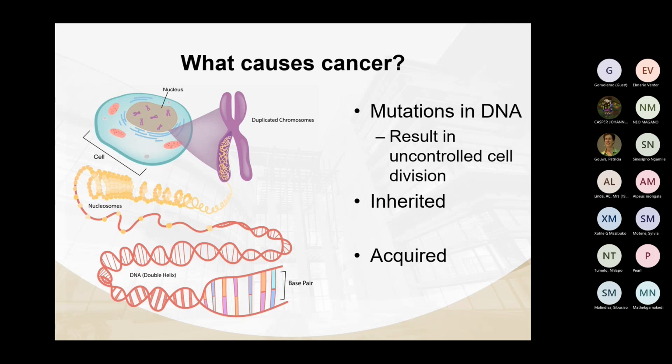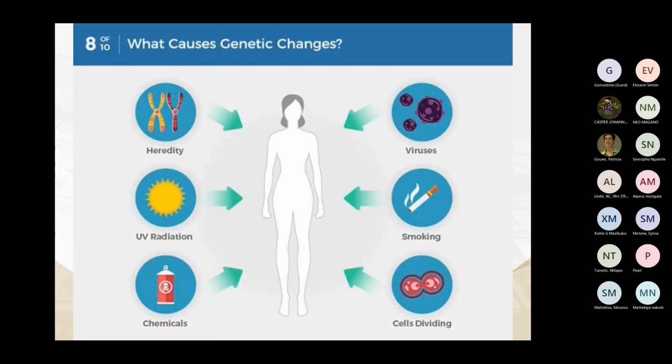So how can this cancer arise? It can either be inherited, which means you can get the mutation from your parent or grandparent, or it can be acquired. Acquired means it can be gotten over time. So some of the causes of these genetic changes could be environmental.